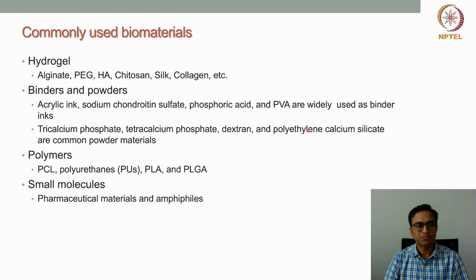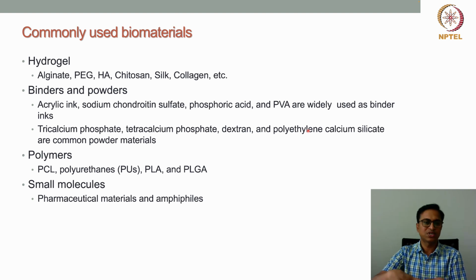So that's why different types of binder materials are used, and this can be done in two ways. Either the solid or dried binders and powders are mixed together and placed on the stage, and then aqueous droplets, or it can be aqueous or organic binding droplets, are produced and sprayed on it.